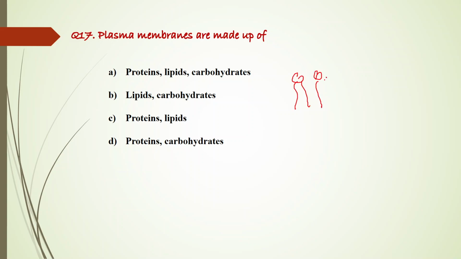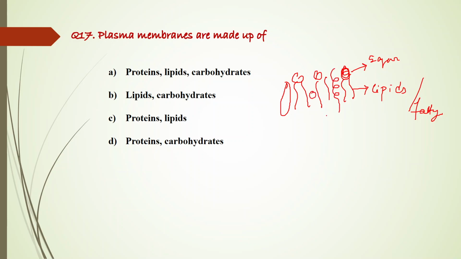So if I write it like this, these head groups generally contain different types of sugars or carbohydrates, etc. These hydrophobic tail parts are made of different lipids or fatty acids, and the proteins generally remain embedded in the bilipid layers in different forms to get more fluidity or to create different passages through the membrane for transportation.